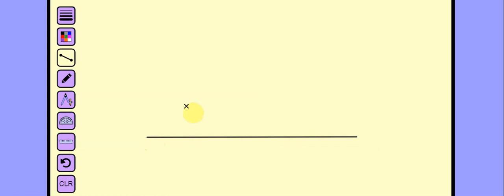Alright, so there is my straight line, and obviously this is more than the length of PQ, but that will prove necessary as you see as we continue. So let us name this line XY.